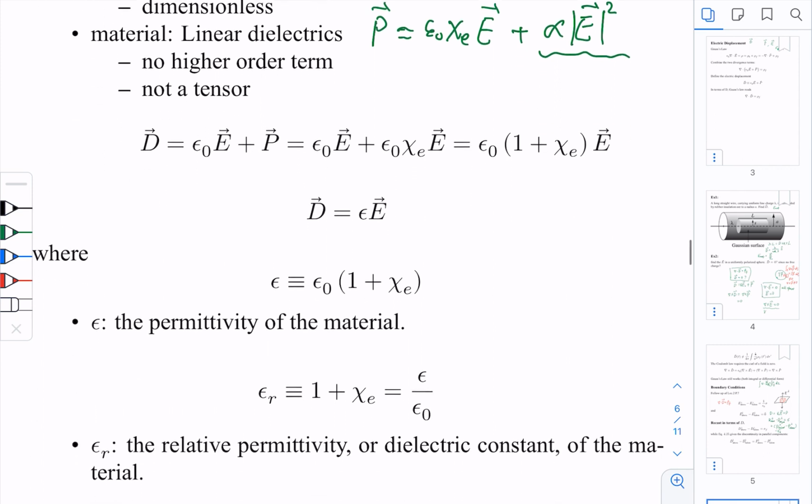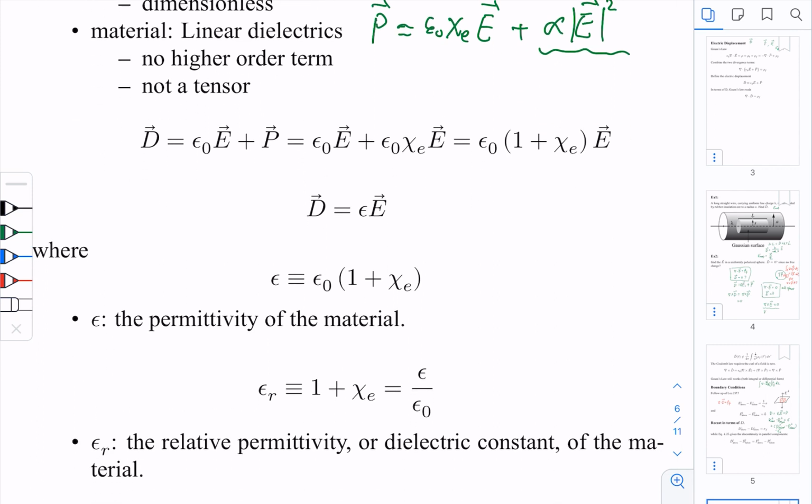We can also define the relative permittivity, that is the ratio of the permittivity of the material with respect to the permittivity of the vacuum. So it's epsilon over epsilon naught, and that is simply 1 plus chi E, and this can also be called the dielectric constant.